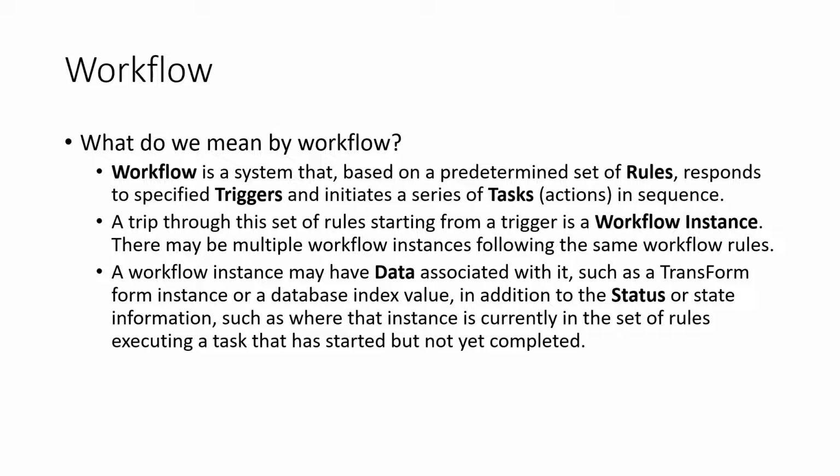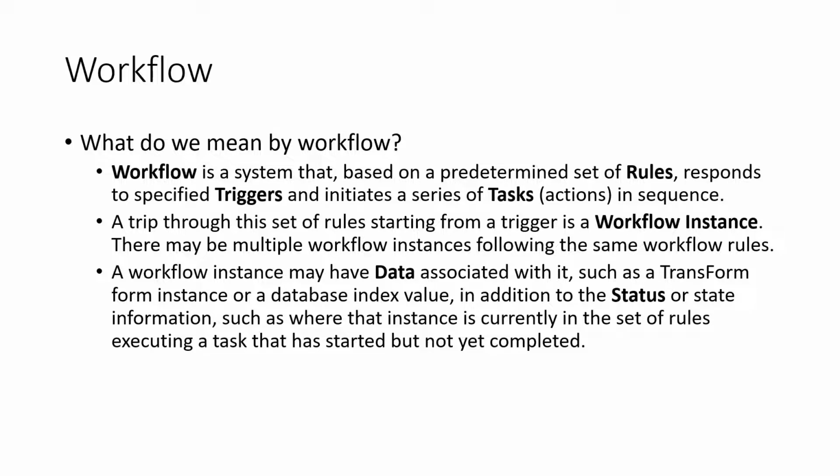We could actually follow workflow instances in that tab that I showed you, and you can have multiple workflow instances following the same workflow rules, sometimes even simultaneously. You'll see in the system that I showed you that the same form instance went through multiple times. And a workflow may have data associated with it, such as the TransForm form instance itself, which is the way the current one works: it takes the form data as submitted and then uses that for each of the actions.